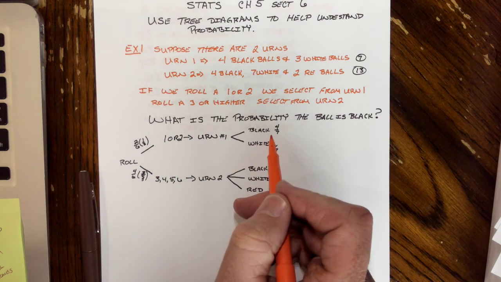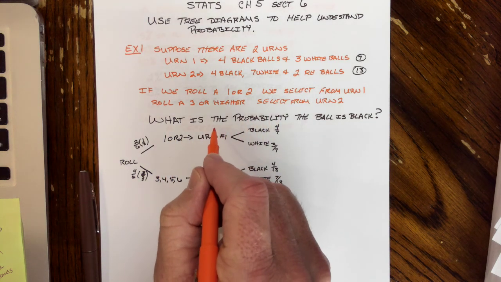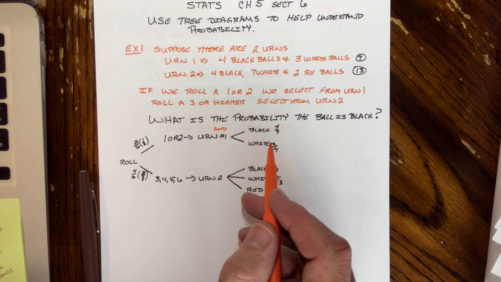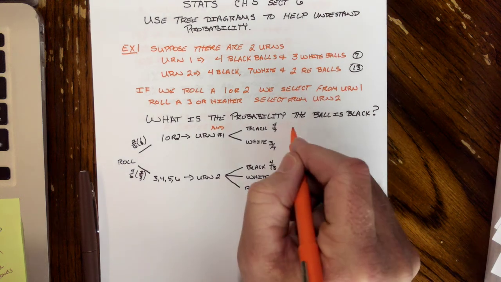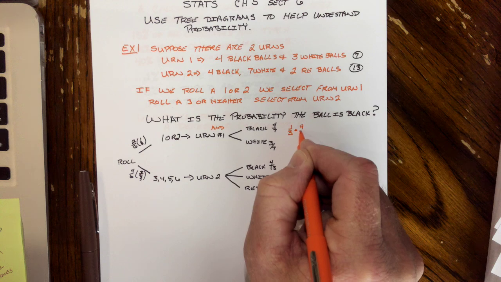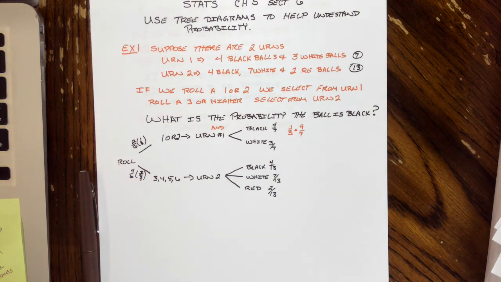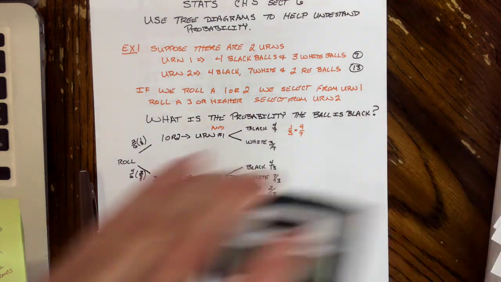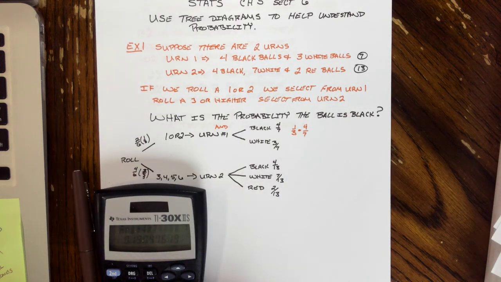And then, keyword, and then, we got to draw the black. So, what are we doing? Well, we're taking 1/3 times we want a black ball. We want that and that. Both of those happening. So as we multiply them together, we take 1/3.